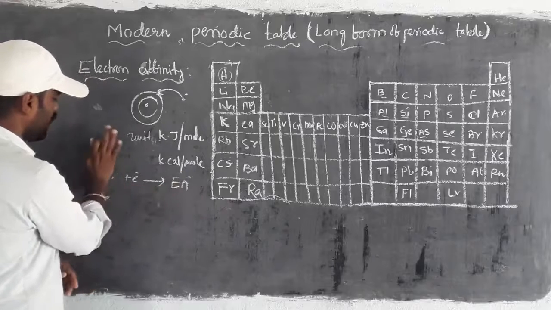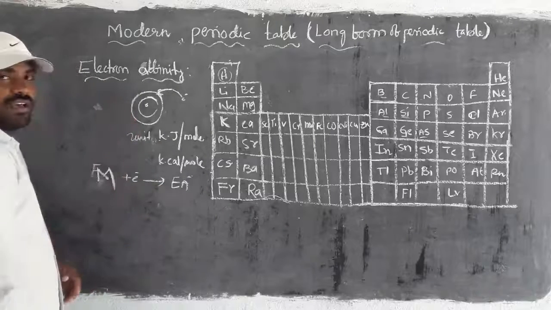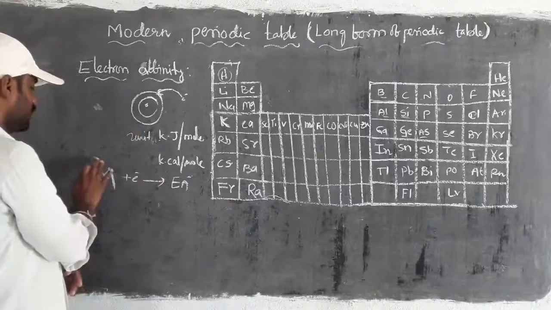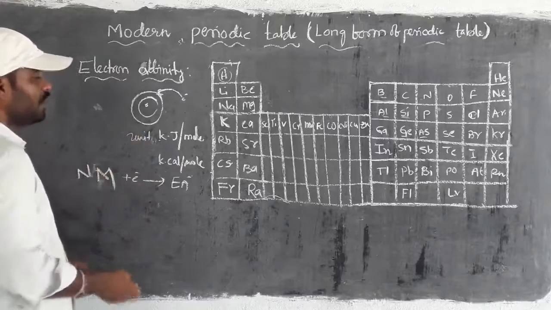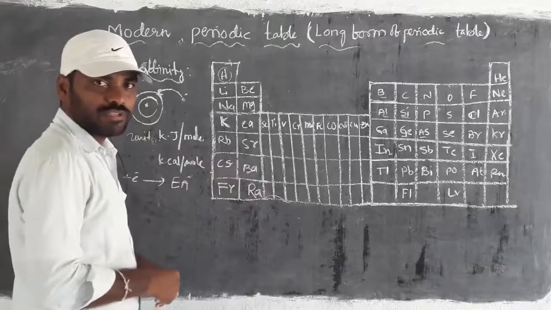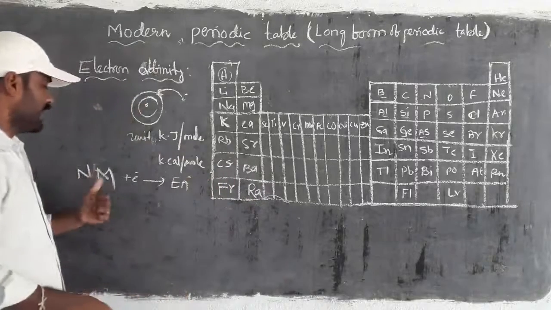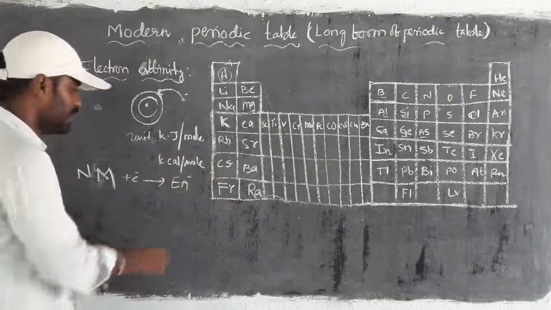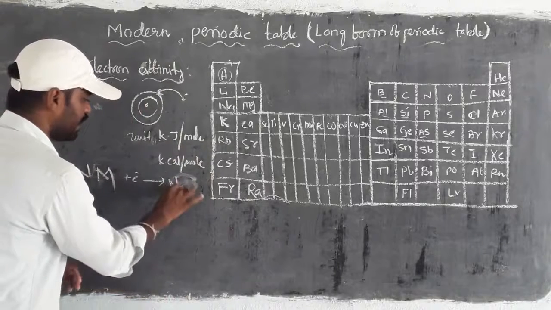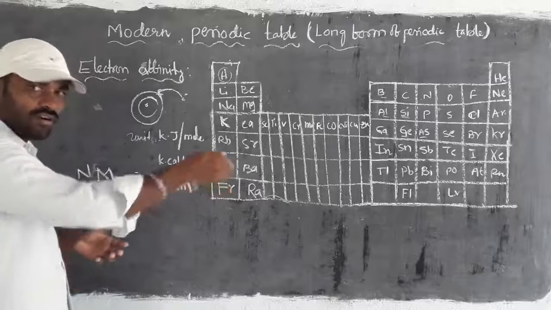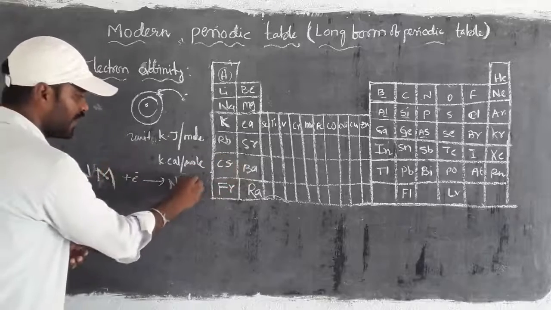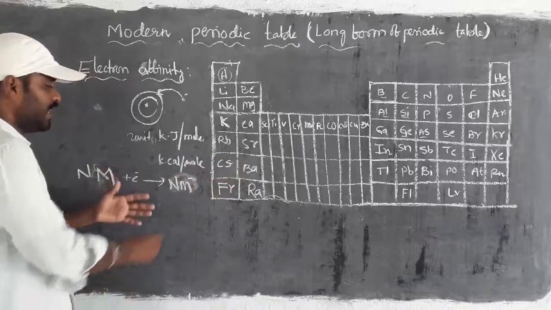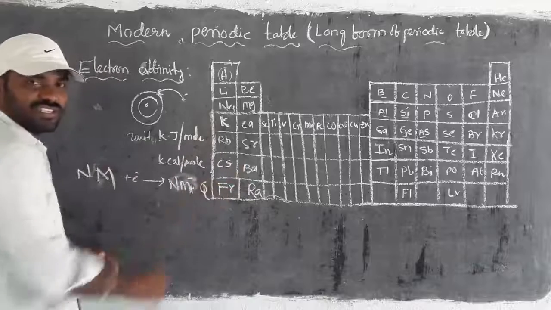So here I am taking one element. The receiving capacity is maximum only for non-metals, so here I am taking a non-metal, Nm. Yesterday we took a metal, so here you have to write Nm. On taking an electron, it will get a negative charge, and then it can release certain energy.